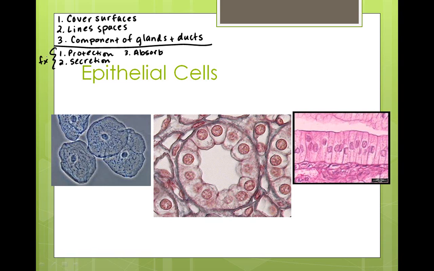First of all, number of layers. Simple epithelium consists of 1 layer of cells, while stratified epithelium consists of multiple layers of cells.